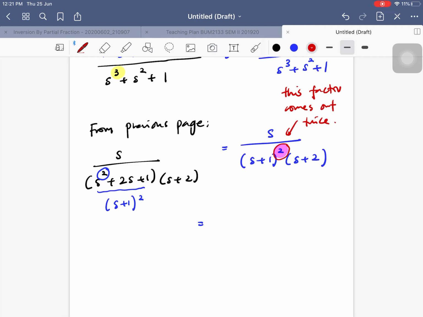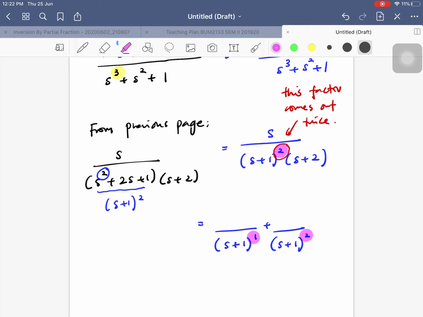So what happens when it comes out twice? The first is that it's going to come out over s plus 1 to the power of 1, and then the second time is going to be s plus 1 to the power of 2, and when it matches, you stop, right? So this is to the power of 2, and this also to the power of 2, so that is the right time to stop.